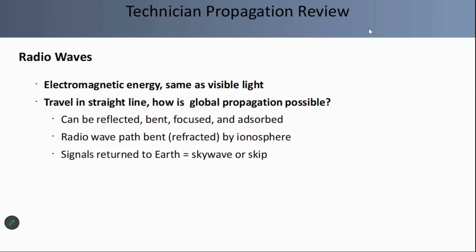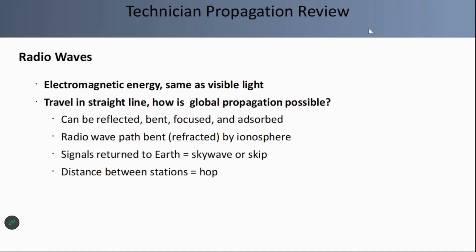What happens when that occurs is the signals can be returned to Earth. It goes skyward, bounces off, and comes back down. That's known as skywave or skip propagation. The distance between the stations, where your signal leaves the Earth and goes up and comes back down, is known as a hop.